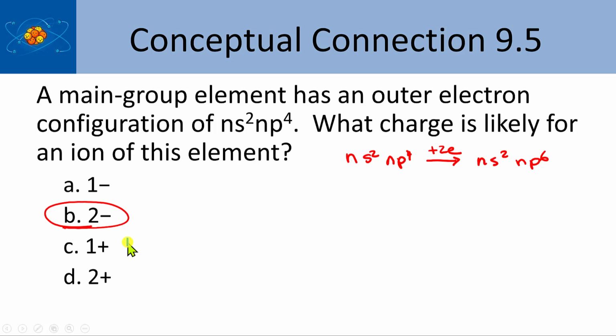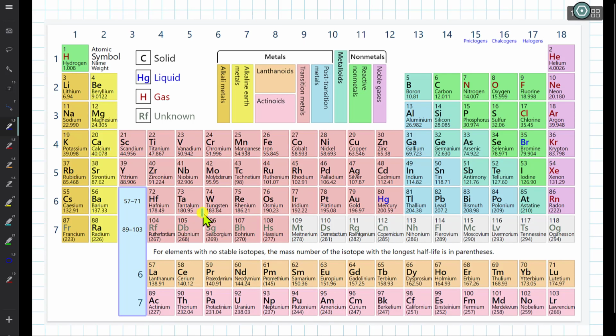When we look actually at the periodic table, the elements that have 6 valence electrons are in this column here. And from what we learned about formation of ionic compounds, right? Oxygen, sulfur, selenium, tellurium, all these nonmetals and semi-metals tend to pick up 2 electrons to form 2- ions.